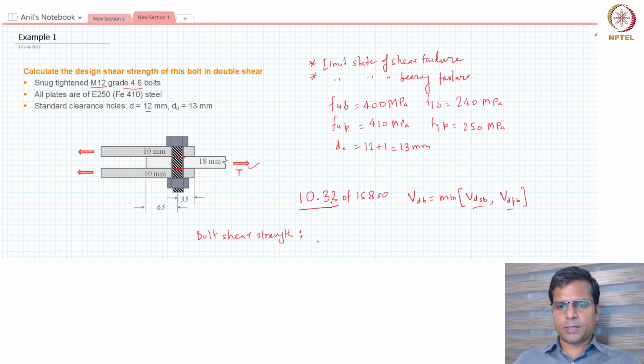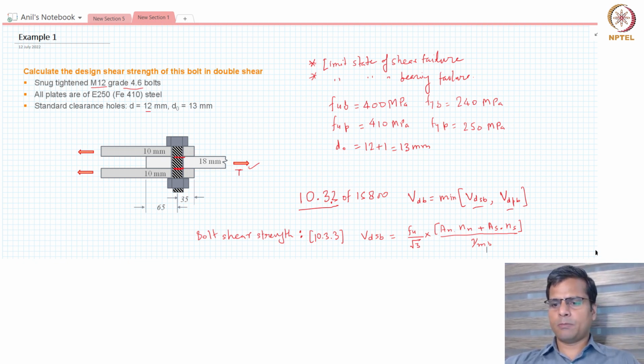we will use section 10.3.3 of IS 800, which says that VDSB is equal to Fu of the bolt divided by root 3 multiplied by AN, that is the net cross section area, multiplied by the number of net sections plus AS, that is shank area, multiplied by number of shank sections, shear planes, divided by gamma MB.